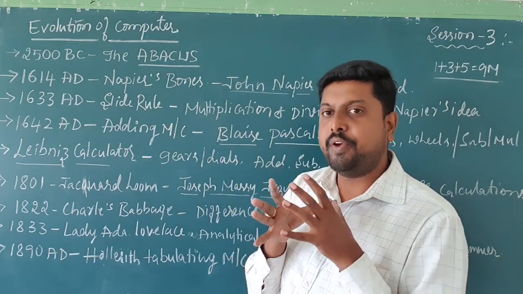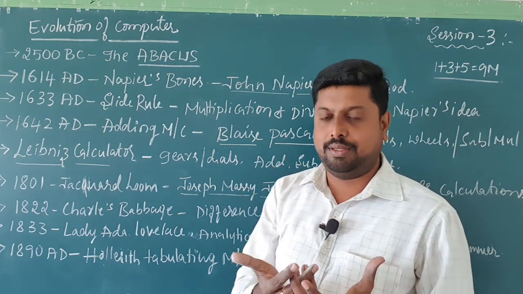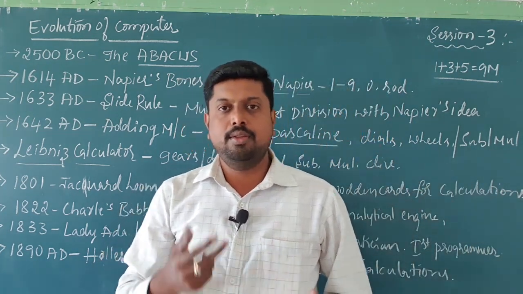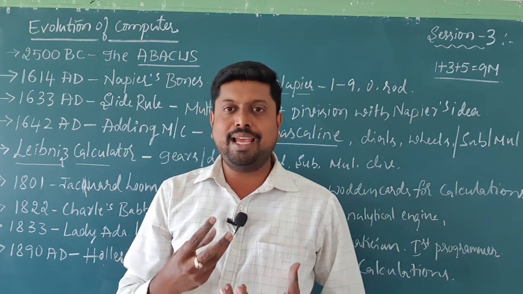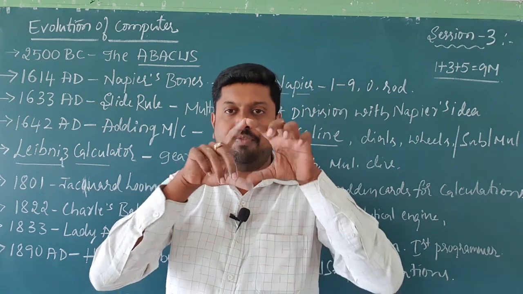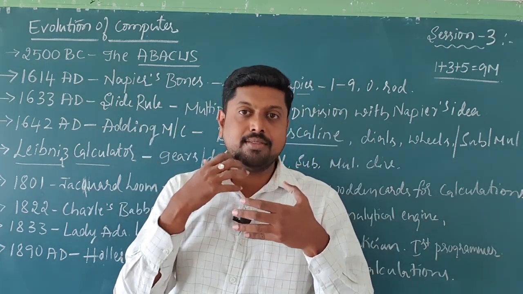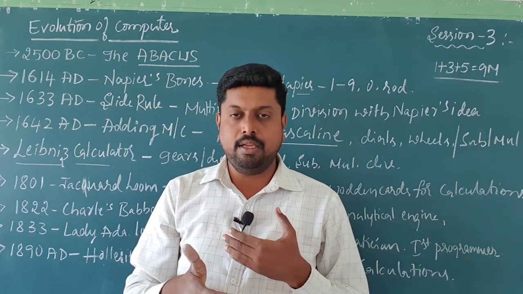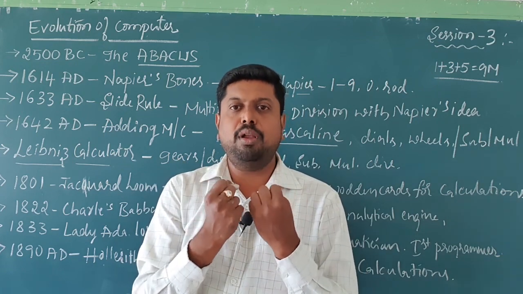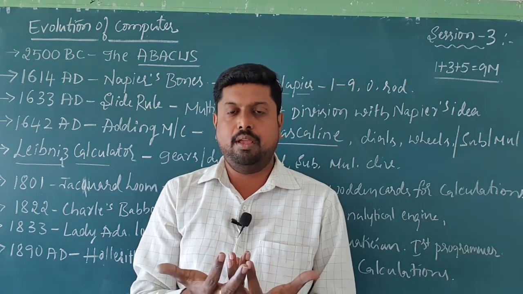Nowadays, it is a very popular calculating tool. It is related to mathematics. It is a type of tool with the help of dials and rods, gears, with the help of that particular instrument box, calculations are made easy. So nowadays it's a very popular mathematical tool for calculations.